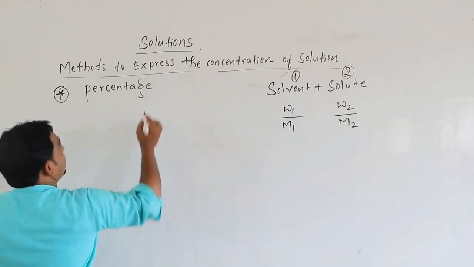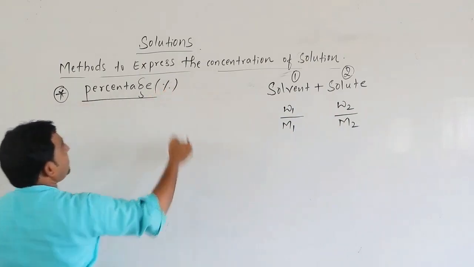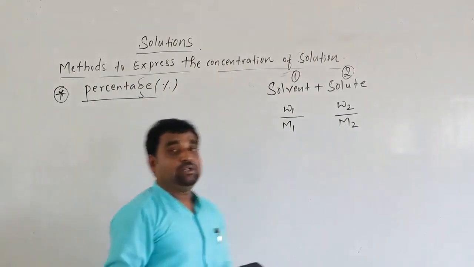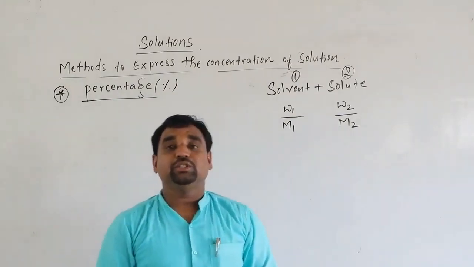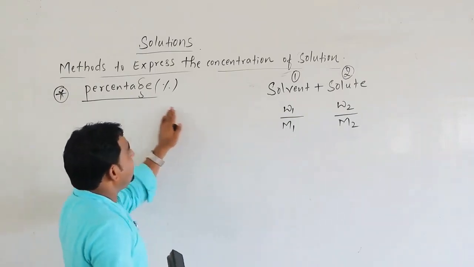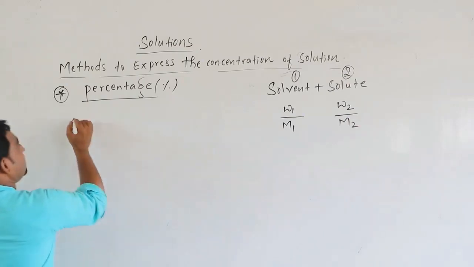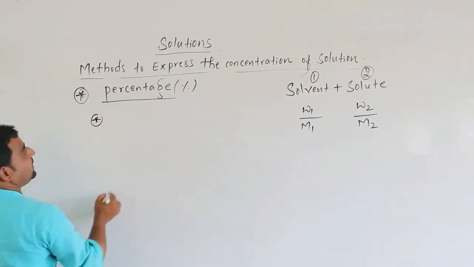Now we come to the first method, that is percentage. In order to calculate the concentration of the solute in the solvent, percentage is very helpful. In this case, we have three different methods to calculate the percentage.